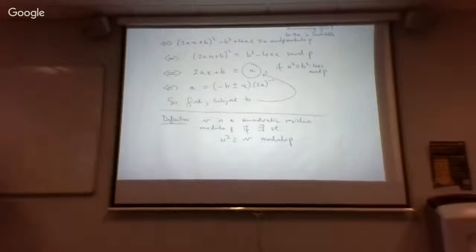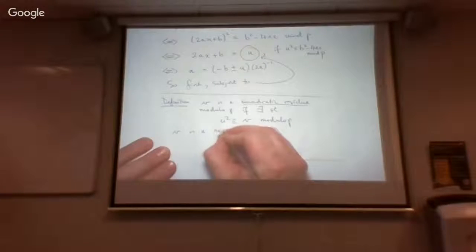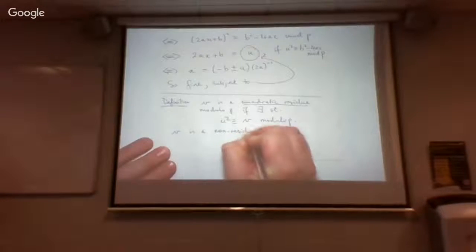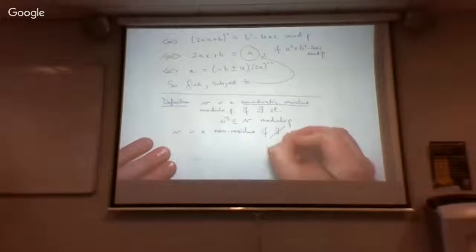We don't even know at the moment if any of these exist at all. But here's the terminology: quadratic residue, and v is a quadratic non-residue if there does not exist such a u.